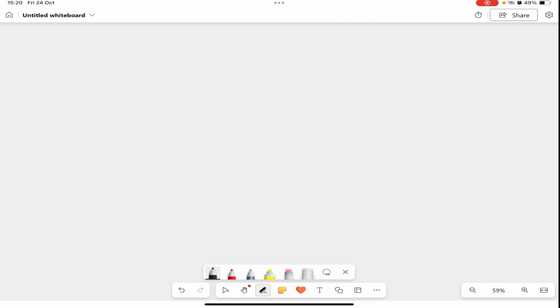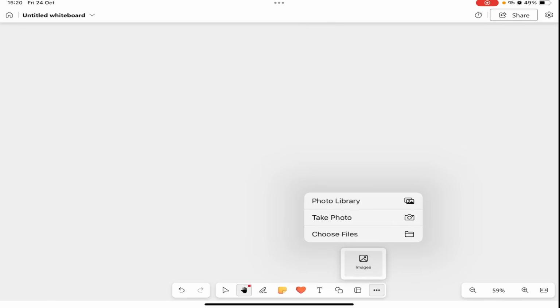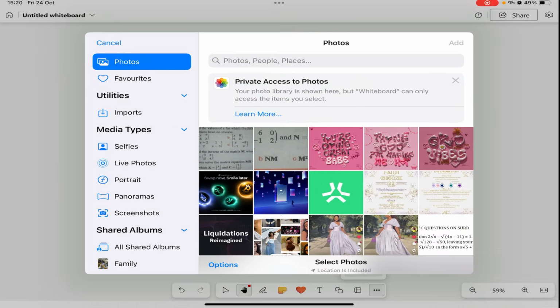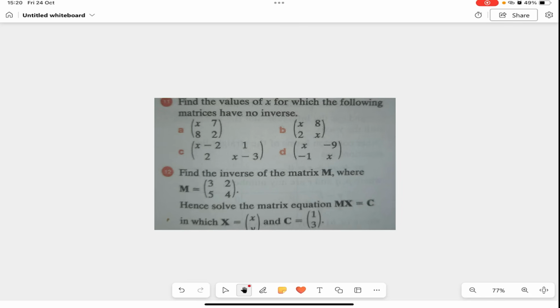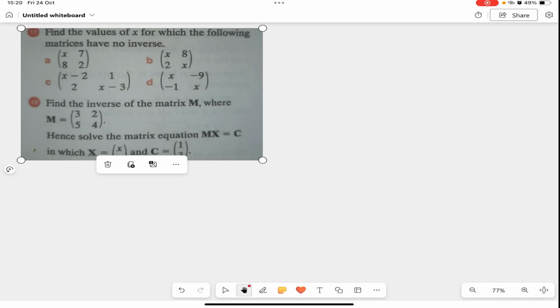So for the next question, let me bring it up. Yes. So this is for the next question, and it says, find the value of x for which the matrix has no inverse.